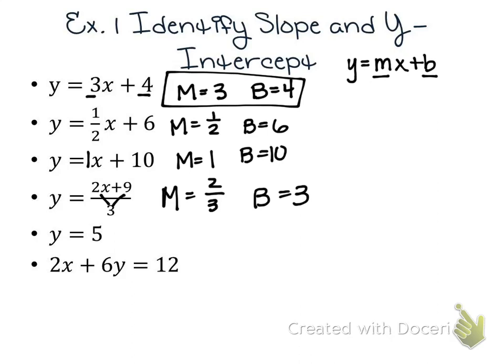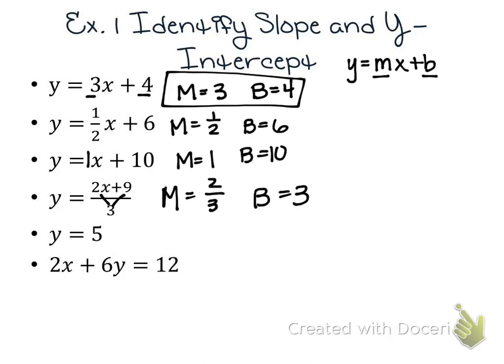Now let's look at this next equation here. This one's different. Y equals mx plus b is my slope-intercept form. Where is my x? Where is my m? This is not my m because m is always attached to x. So you'll never find your m without an x right underneath it, okay? If you ever see a number by itself, just like we have here, this 5, that's always your y-intercept.